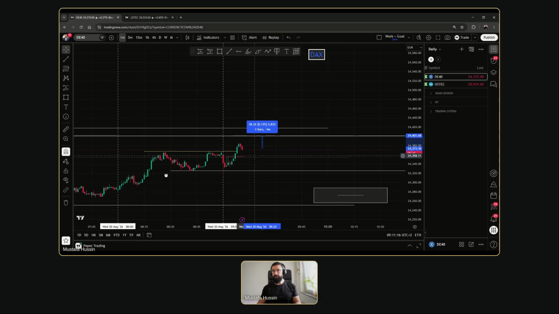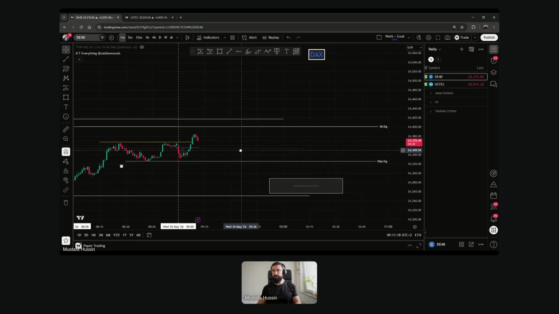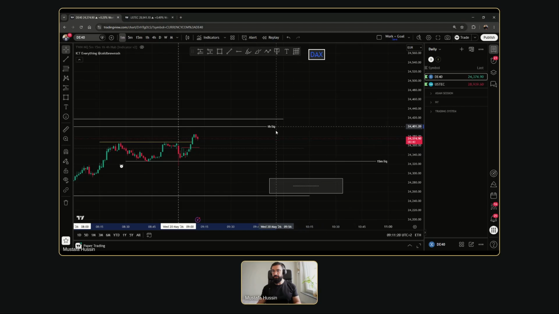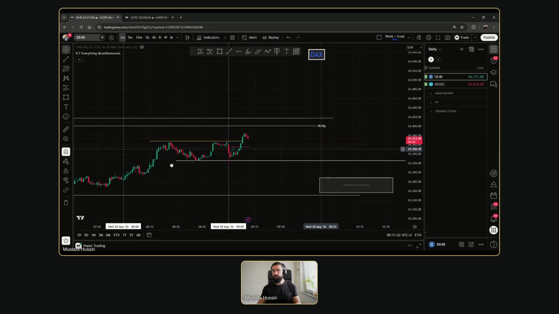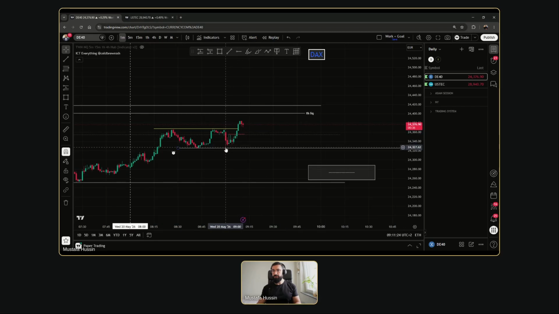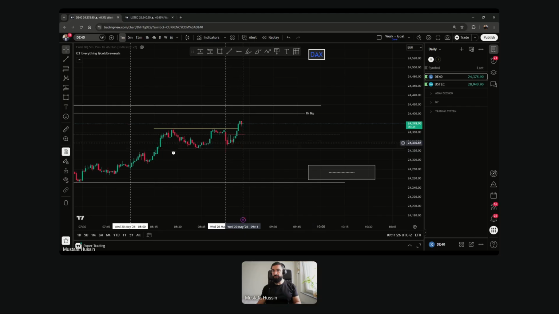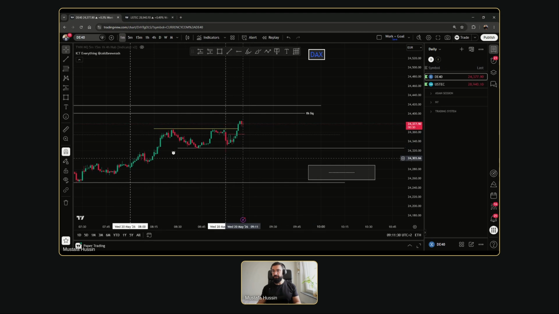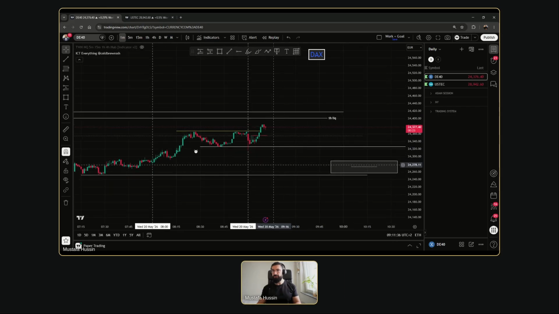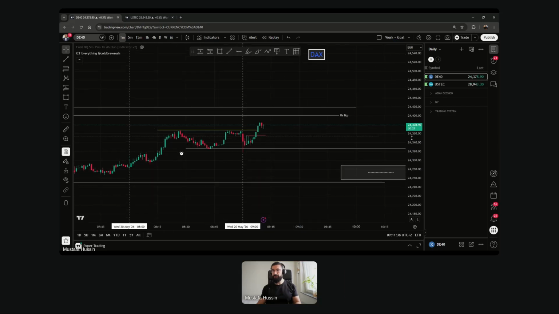And we have about 28 points until the 1 hour liquidity gets swept. Now we just swept the 50-minute liquidity and we are still inside the 9 to 9:15 time for the first 50-minute candle to close.